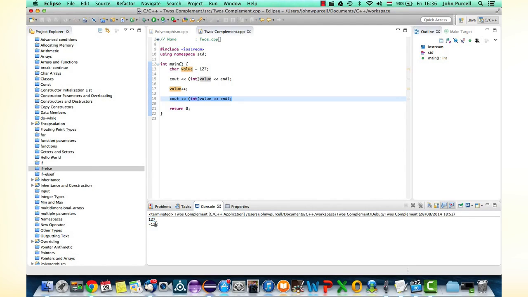And the negative values go from minus 1 to minus 128. So it's basically because the 0 is taking up a space in this sequence that the maximum positive value is 1 less than you might expect on the basis of the most negative value. And this is the same for all the integer types in C++. I just picked char because it's easy to deal with because it's so small.